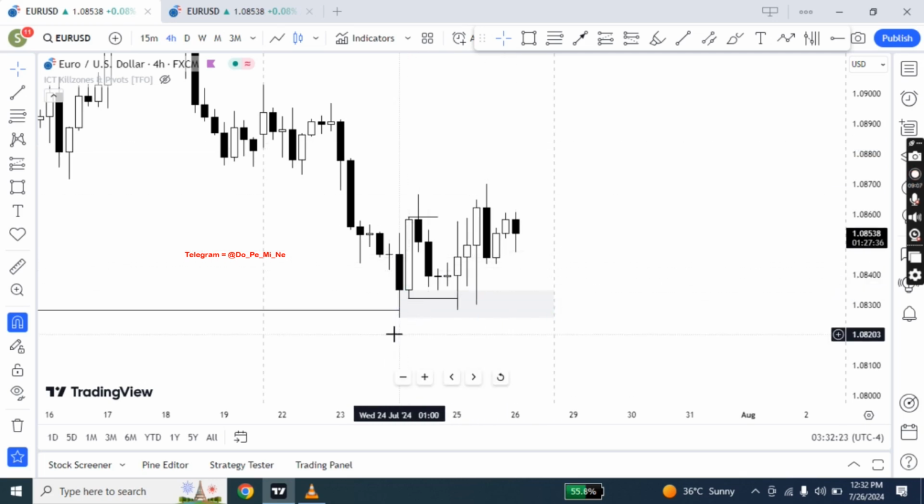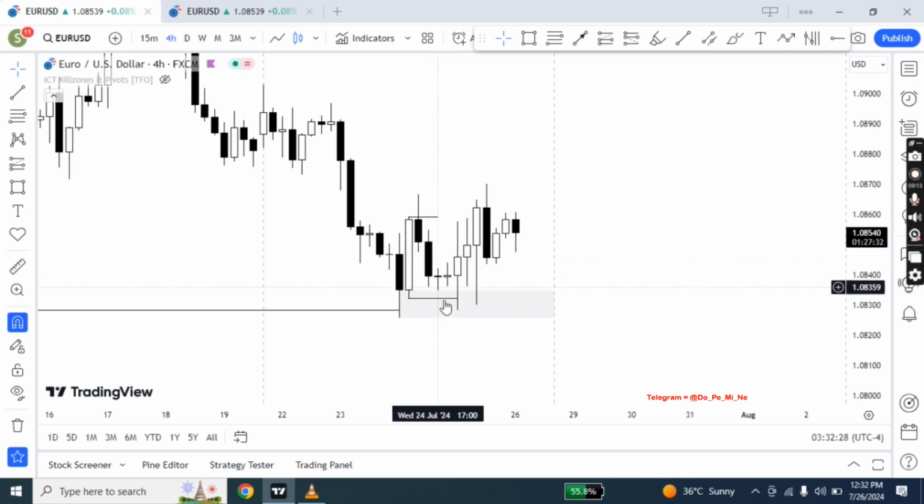So when I saw that price formed this CRT and it reacted to it, I knew that based on the fractals of CRT, our draw on liquidity is first of all this CRT low, and this CRT low also aligns with this rejection block. So when price takes out this CRT, we can have a potential reaction from here towards the upside. And that's what I expected on the first half of Thursday based on what I saw.